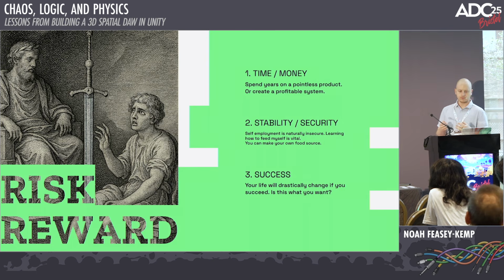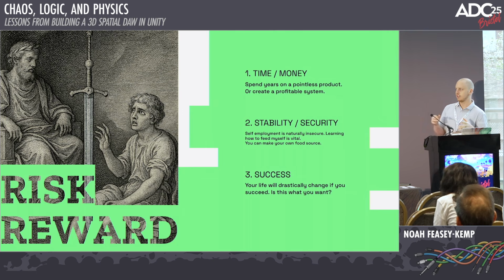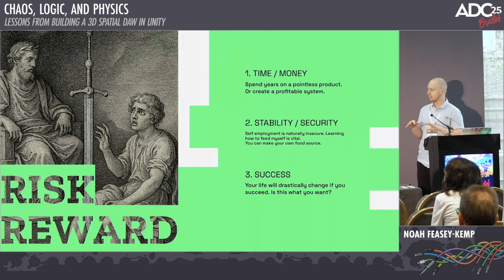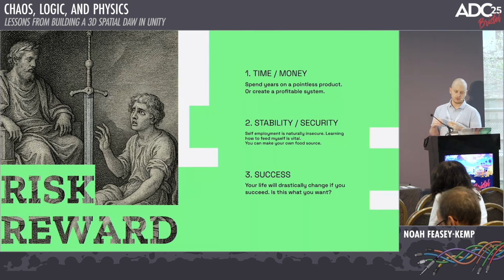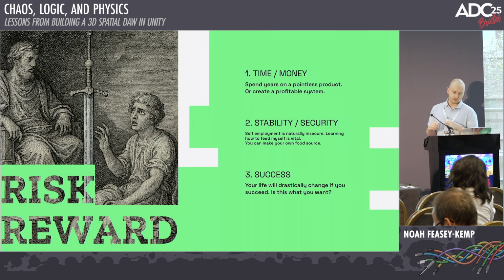I think the main risks people think about are time and money: you spend years working on a product that ends up being pointless. But the reward is that you have learned those skills, and it could be a profitable thing. Another risk is stability and security, like mental stability and security in your life. If you want to build a project while working a full-time job, you're going to have to make sacrifices in what you do with your time.